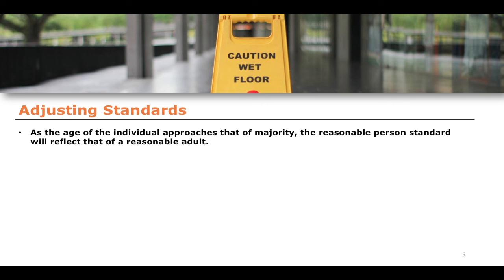And as I mentioned earlier on, the adjusting of the standard will be on the basis of the age of the child, but the closer that we get to the age of majority, the more that it will reflect that of just a reasonable adult. So somebody who is 17, for example, there's probably no difference in terms of the standard of care for a reasonable 17-year-old versus a reasonable adult, a reasonable 18 or 19-year-old.